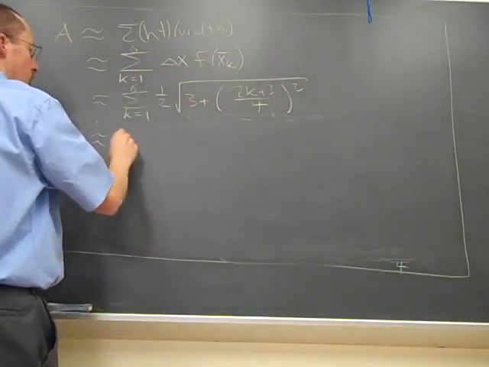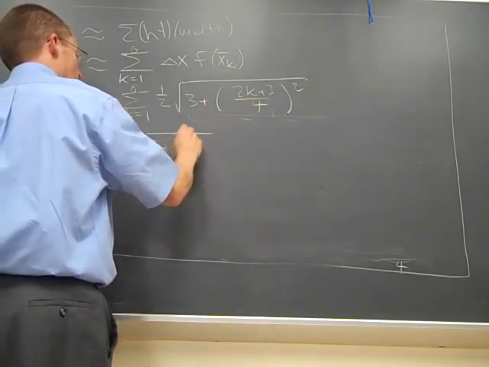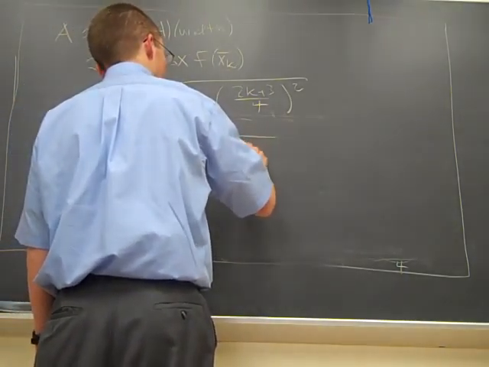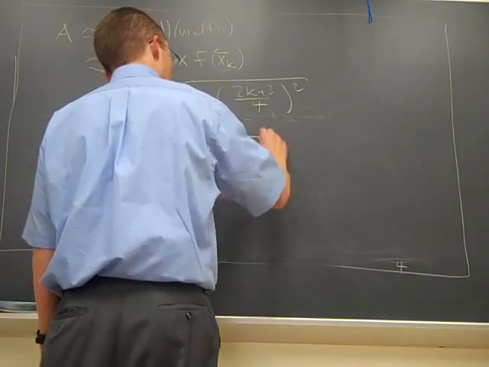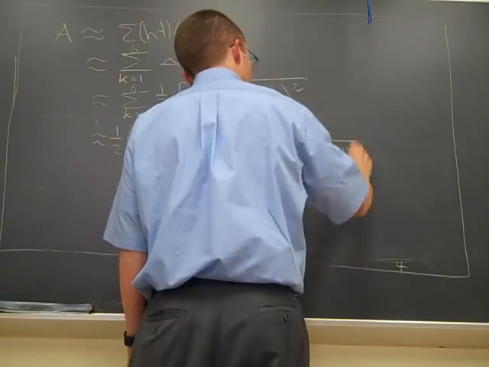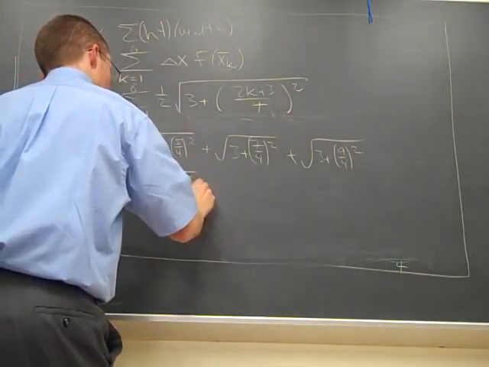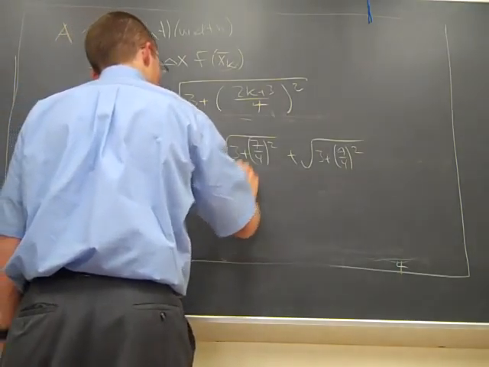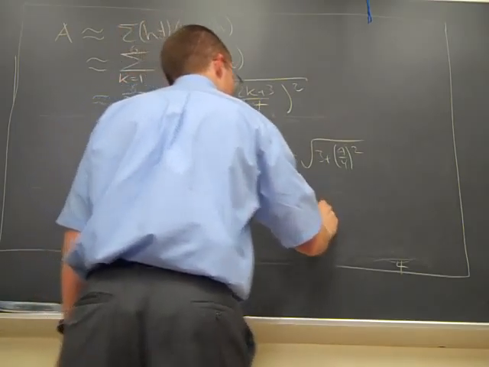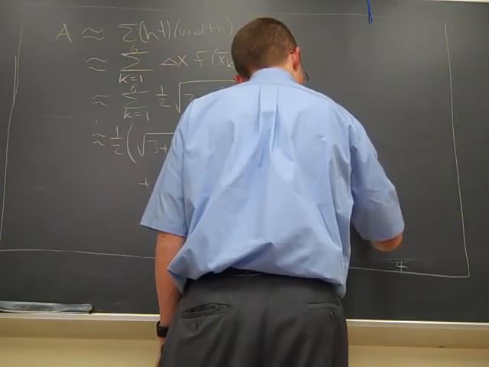And so that's going to be a half times the square root of 3 plus 5/4 squared plus the square root of 3 plus 7/4 squared plus the square root of 3 plus 9/4 squared plus the square root of 3 plus 11/4 squared plus the square root of 3 plus 13/4 squared plus the square root of 3 plus 15/4 squared.